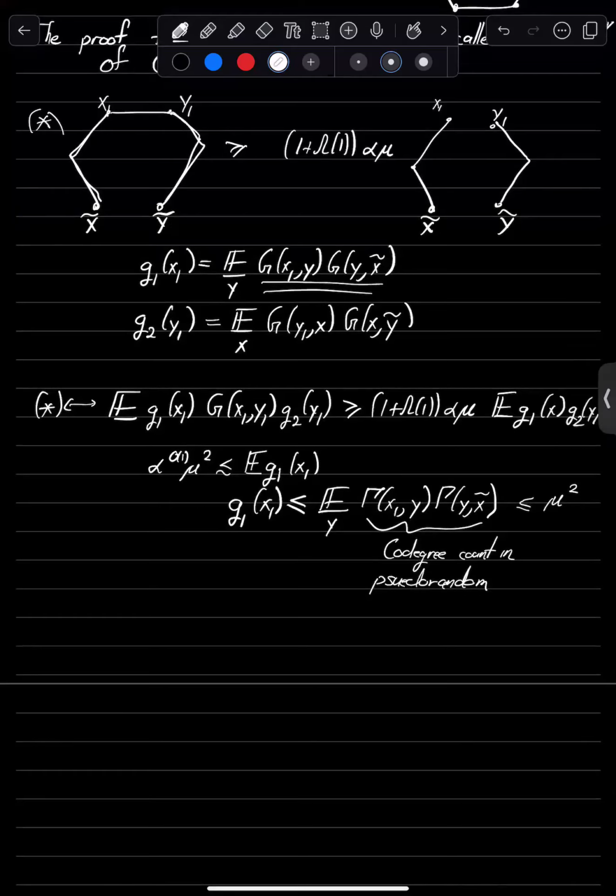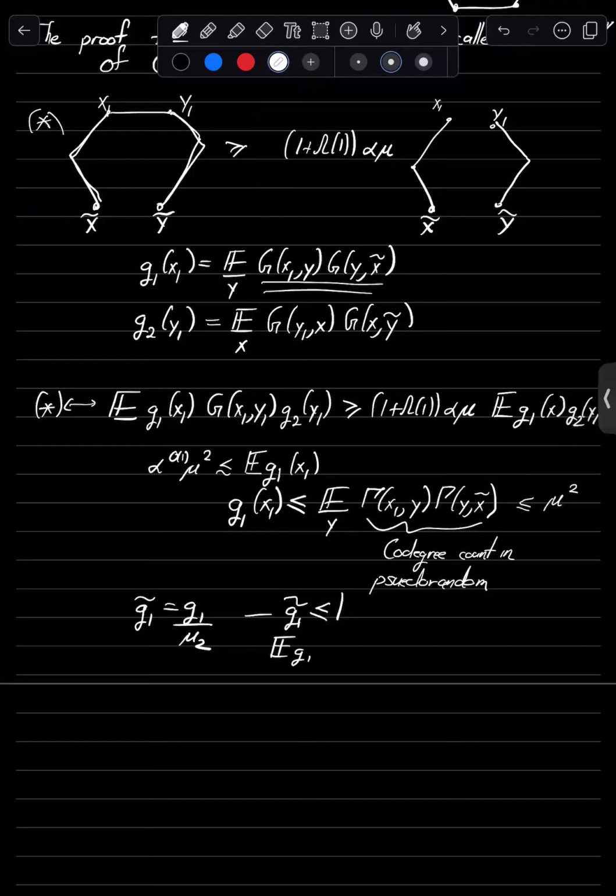And so then what you can do is define g1 tilde as g1 over mu squared. So then g1 tilde is bounded by 1. I'm not lying, I haven't scaled away the issue. I can do the same thing for g2, divided by mu squared.